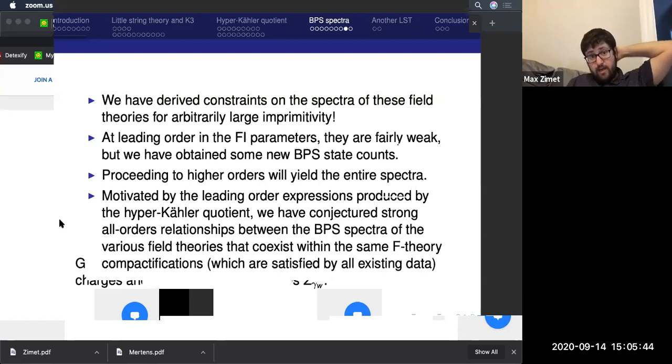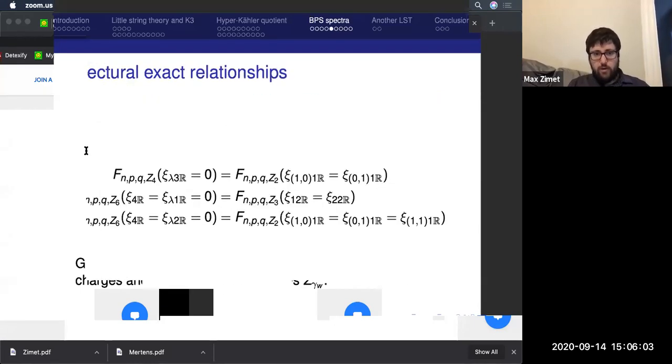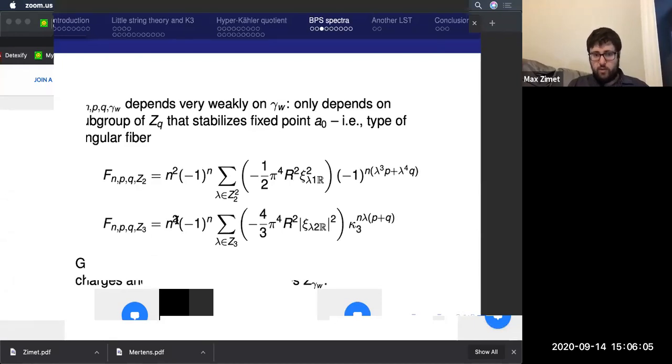So far, at leading order, we've derived constraints on the spectra of these theories for arbitrarily large imprimitivity. This is sort of an orthogonal direction to what Knightsky et al. have done, because they have the exact BPS spectra, but for small values of imprimitivity. Whereas for arbitrarily large imprimitivity, we know that these functions hold, but this is just at first order in these parameters.